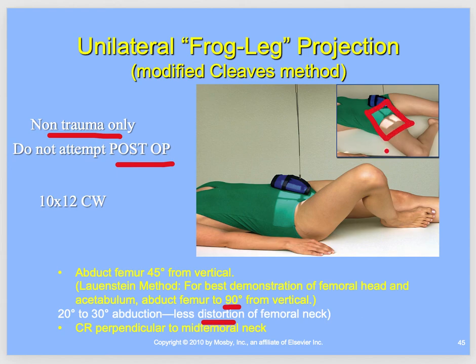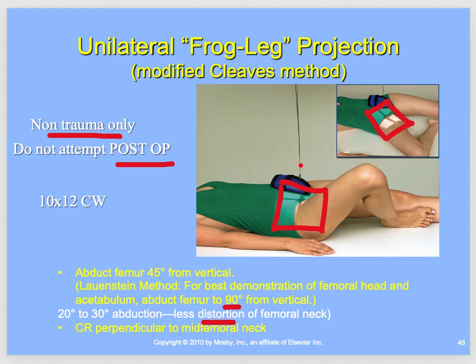Just make sure that you're going to get it on that image receptor, or you can leave it this way, on, say, like an 8x10, and you're going to pick up that proximal femur, the acetabulum, the femoral head, and then you're also going to include the pubic symphysis in there. So either one of these is not wrong, turning the tube head or leaving it crosswise and matching it up.